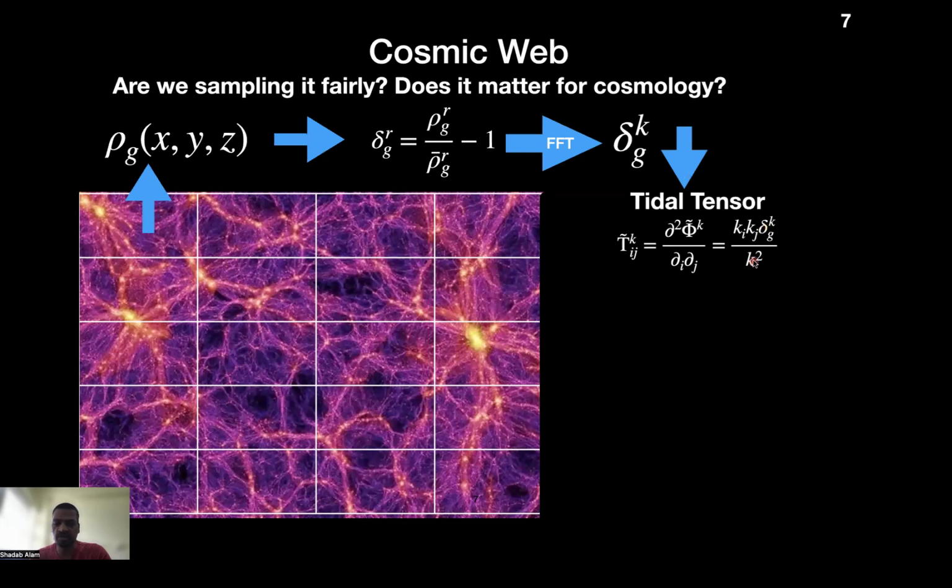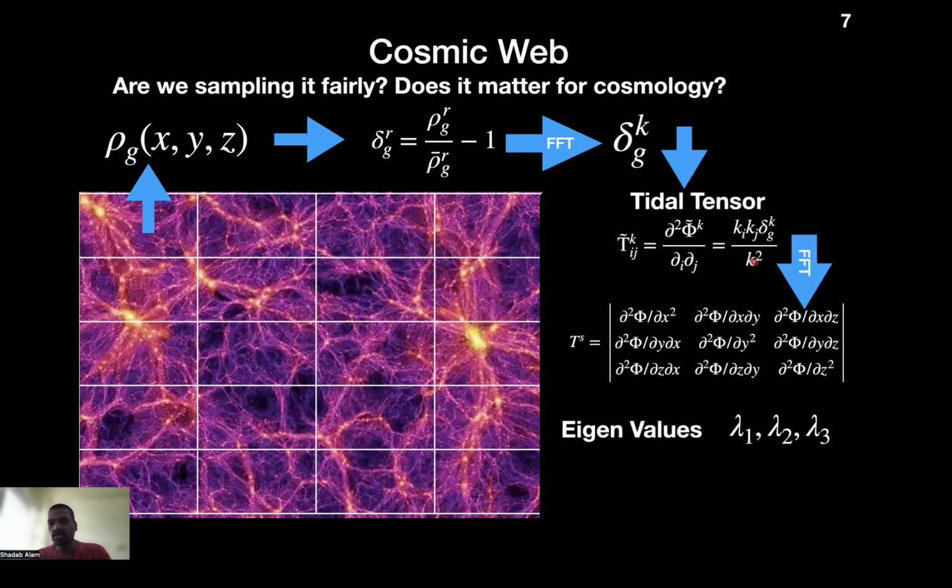And so that's why we are interested in that. Then you can do another Fourier transform to look at the tidal tensor in real space, which is essentially the second derivative of the potential, a 3x3 matrix. And once you write down the matrix, you can figure out what its eigenvalues are.